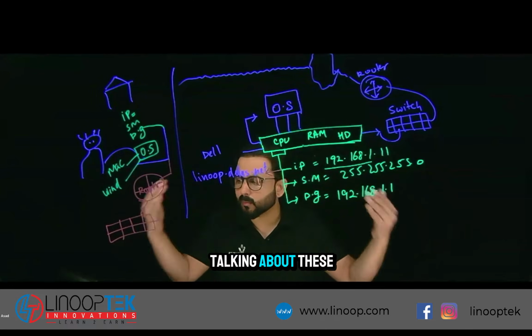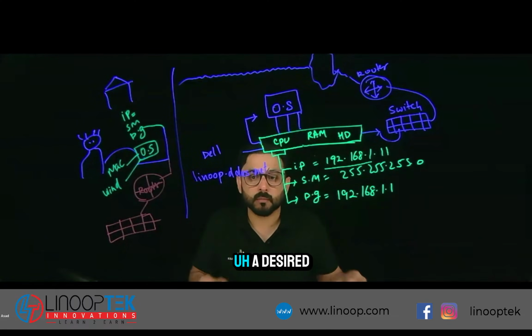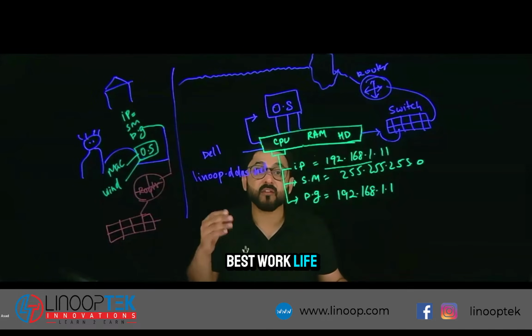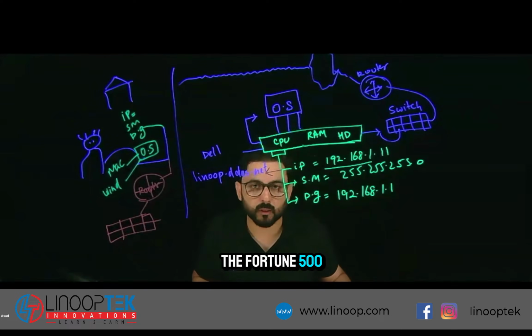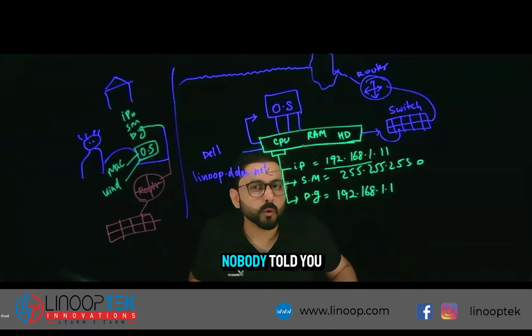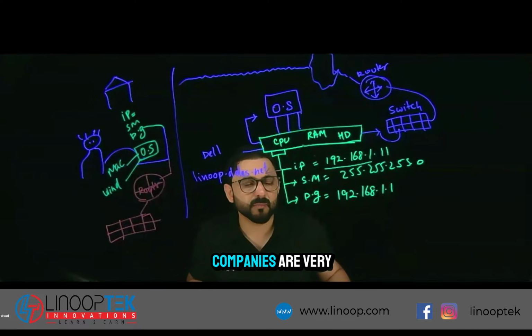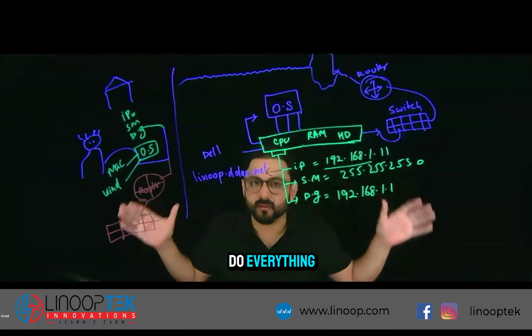Why do I keep talking about these Fortune 100 and 500 companies? Because that's a desired place to work, because they have the best benefits, the best packages, and the best work-life balance. Most of my students end up at Fortune 100 companies. Nobody told you this: they're easier to get into. Small to mid-sized companies are very difficult because they're looking for one person who can do everything.